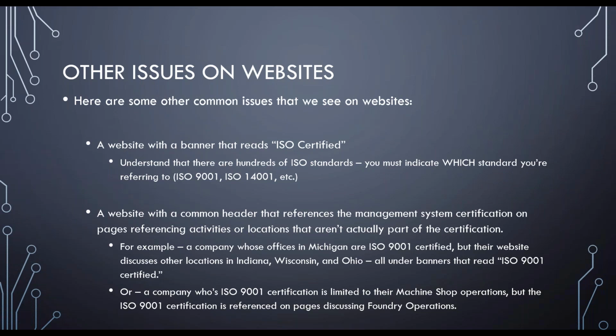Or also, let's say that you have a machine shop that is ISO 9001 certified and a foundry that is not. Well, if we see the ISO certification being referenced on the website on pages that discuss foundry operations, that's a problem, because it makes it look like the foundry is ISO 9001 certified when it's actually only the machine shop. So some of these requirements can get kind of layered depending on if you have a limited scope of certification.